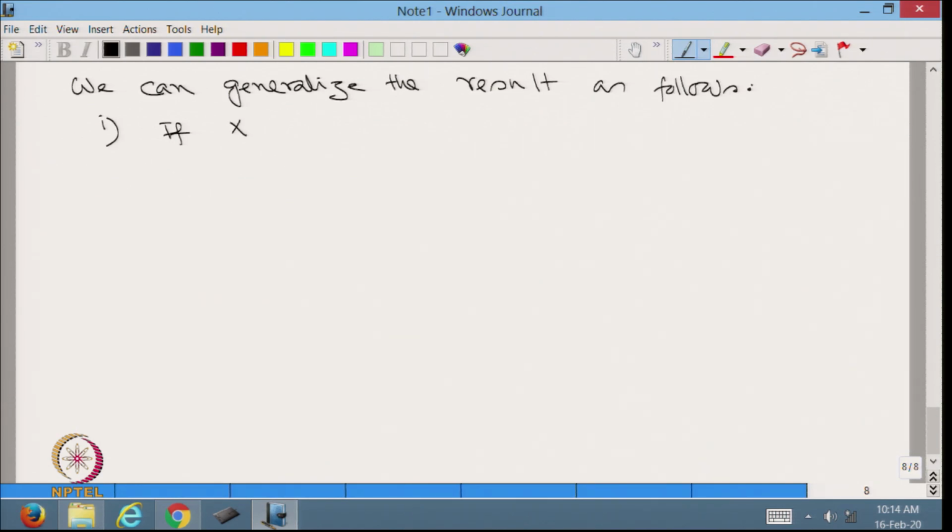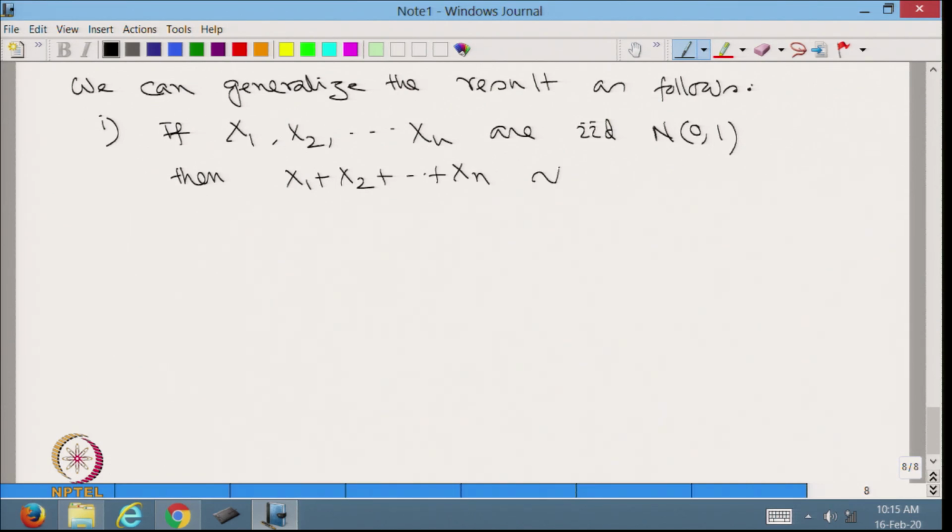If x 1, x 2, x n are IID normal 0 1, then x 1 plus x 2 plus x n will be distributed as normal with 0 comma n. 2.